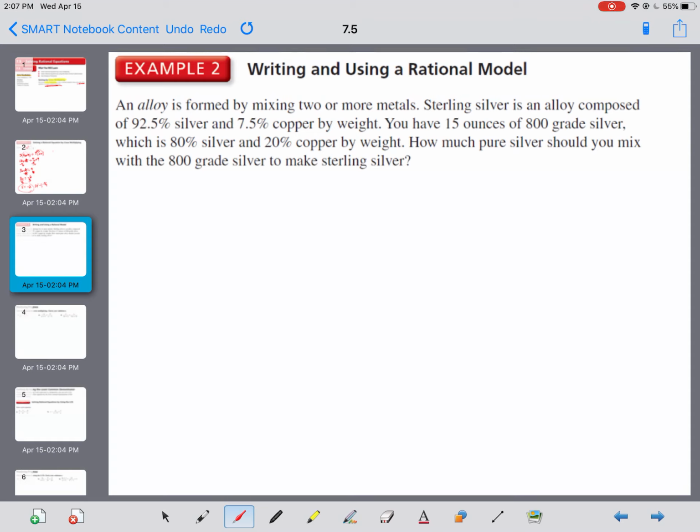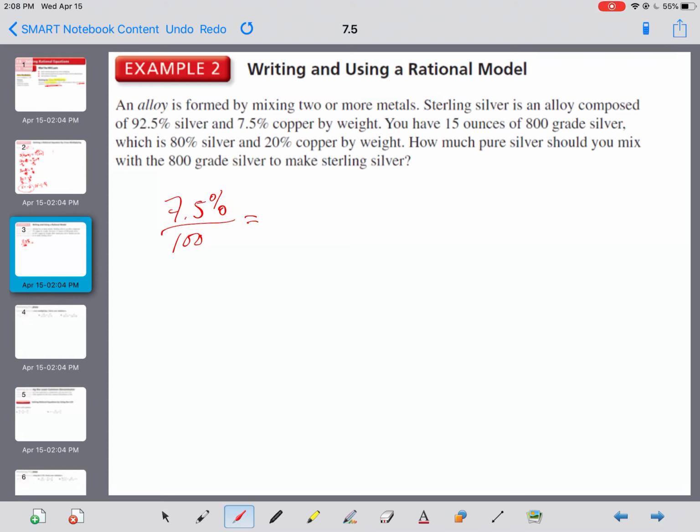Okay? So how much do we need to add of pure silver? Well, the percentage of copper in the mixture is 7.5%. And that's out of 100%.